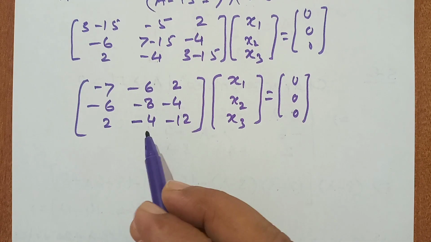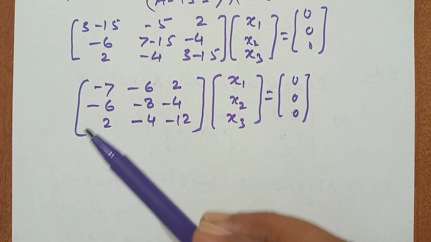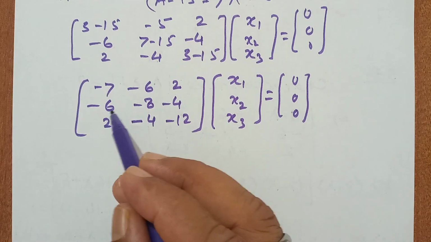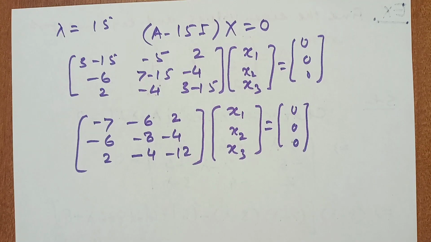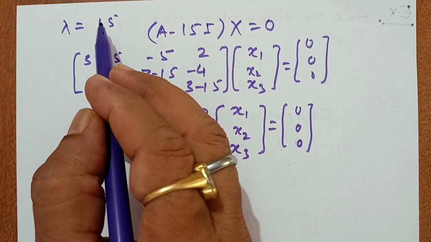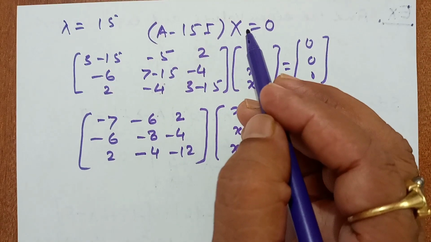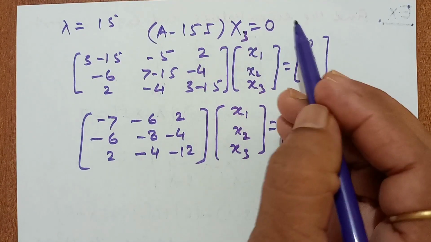So by the same method we use row operations, and I want to make all the elements below the diagonal elements 0. So for lambda is equal to 15, the eigenvector is x3, meaning (A minus lambda I)x3 is equal to 0.